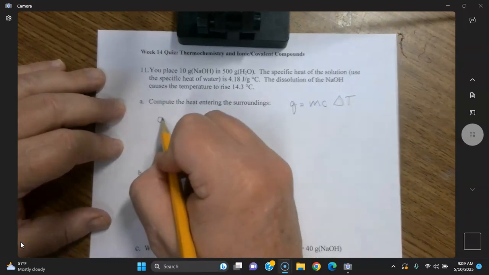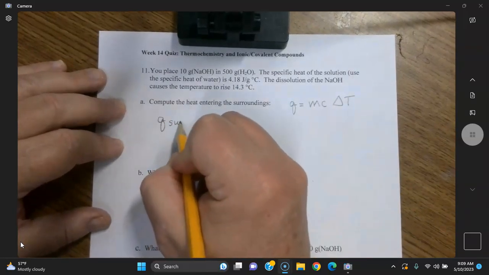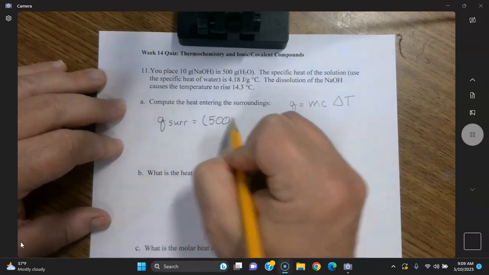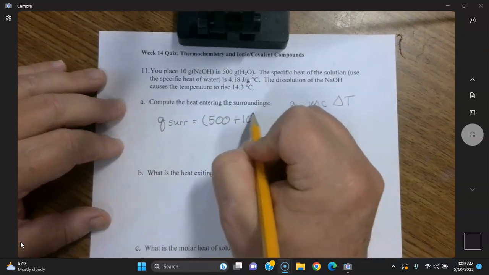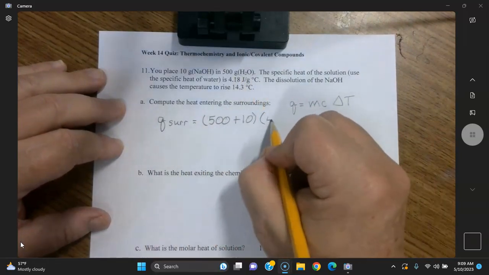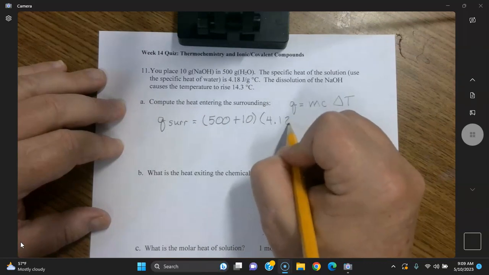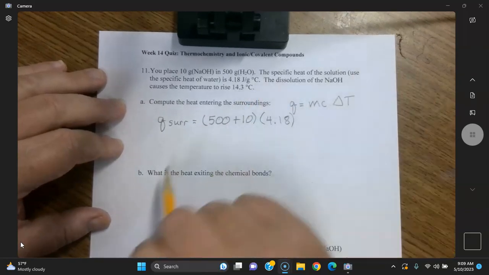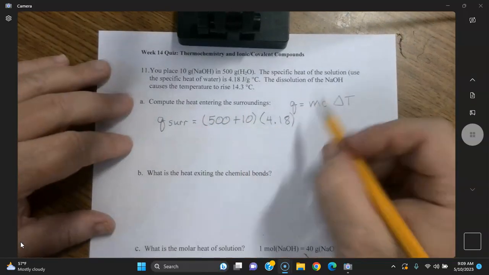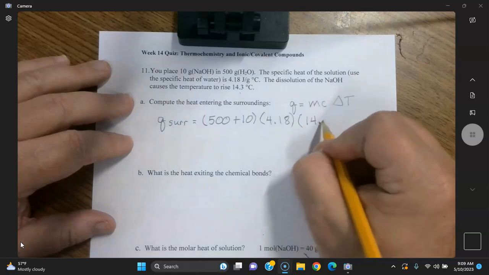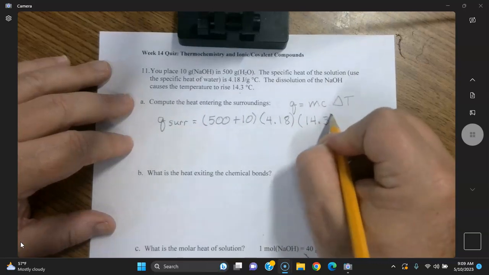So the way you're going to write that is Q of surroundings equals 500 grams of water plus 10 grams of sodium hydroxide. You use the specific heat of water because you don't know what it is, and it's pretty close to that anyway. I'm not even doing units of measure here because the formula shows. And if you didn't, of course I didn't mark you off for it. And the temperature went up by 14.3 degrees.